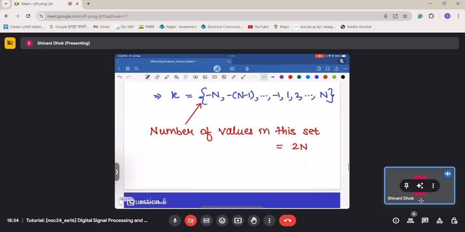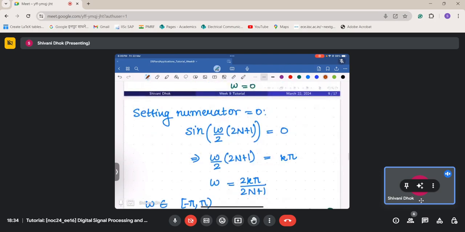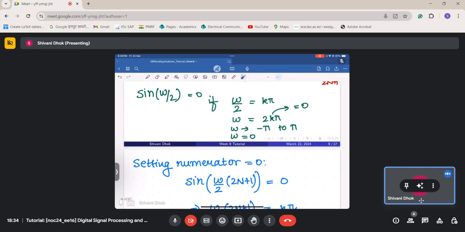And why, at these values of n, what is happening? At these values of n, this numerator goes to 0 in a range of minus pi to pi. And we know that only at omega equal to 0, the denominator goes to 0. Otherwise, the denominator is non-zero at every other place. And it is a sine, so it is a bounded function from minus pi to pi, minus 1 to 1, so it won't go to infinity.